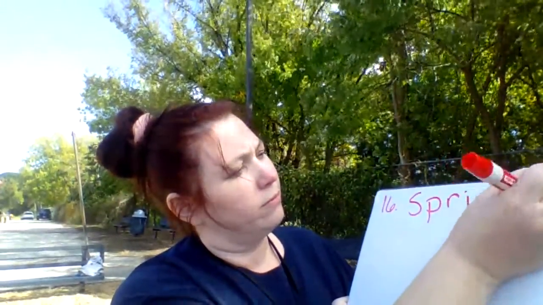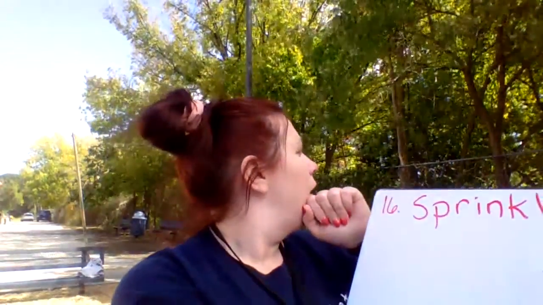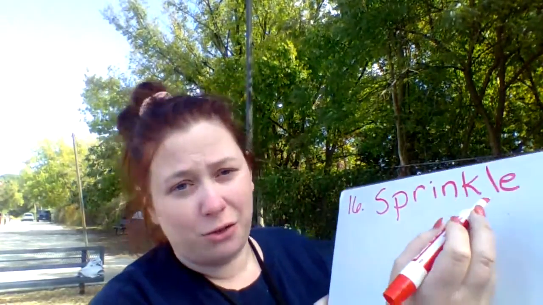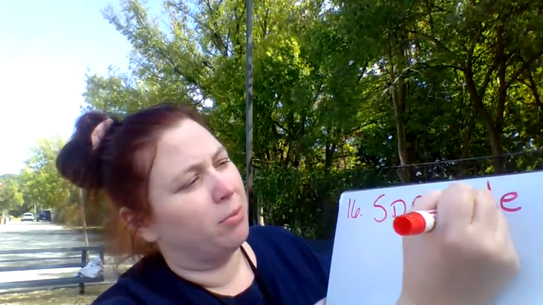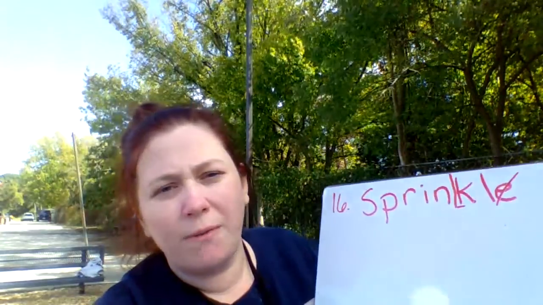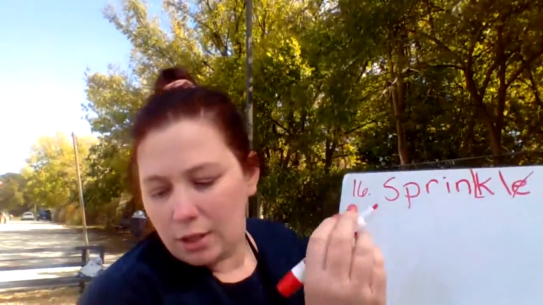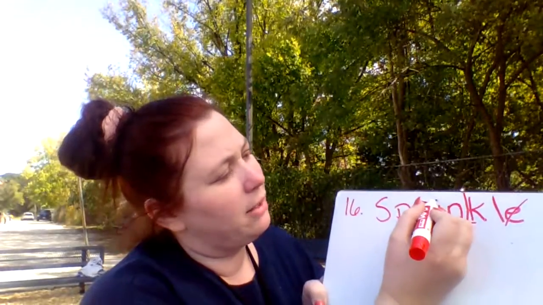Number 16 is sprinkle. One of the things that I did not do when we were coding earlier, we're going to bracket off, and then remember we cross off that E to show that we're not saying that E. And then we have vowel consonant, so it gets that.